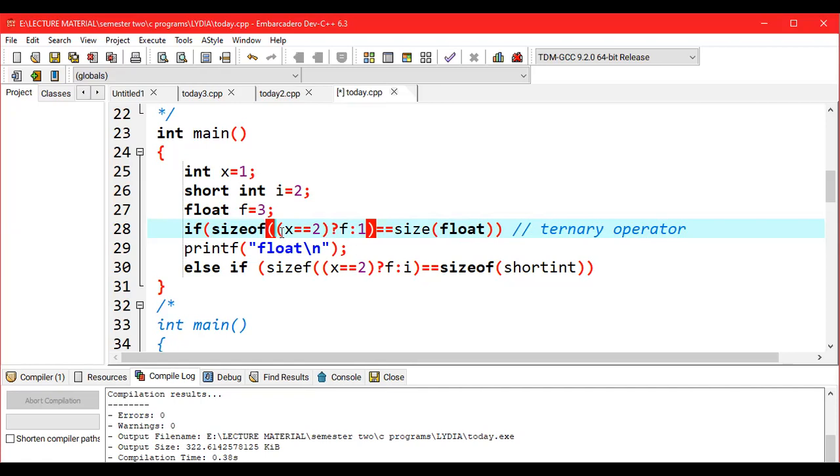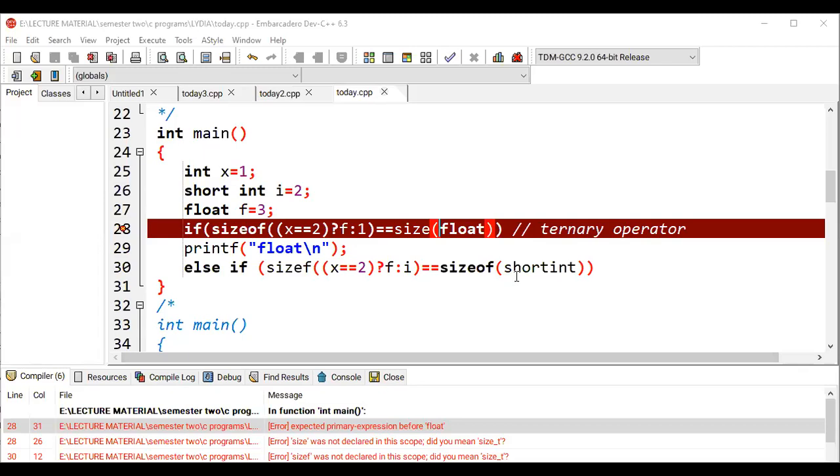So I wrote it very well, by the way. That's how it is. So let's see what this command does also. So they're telling me that I have some error before float.